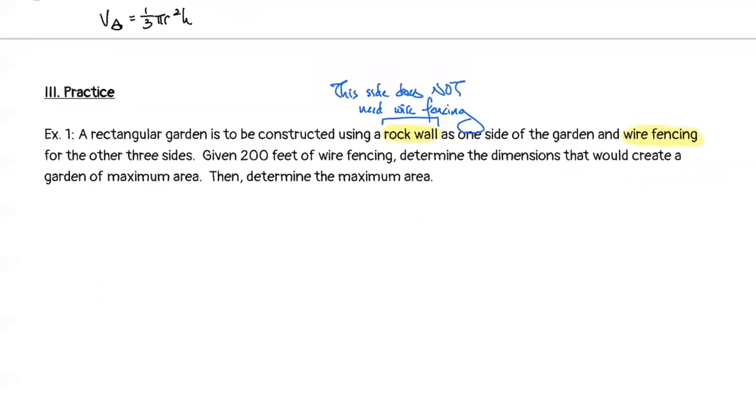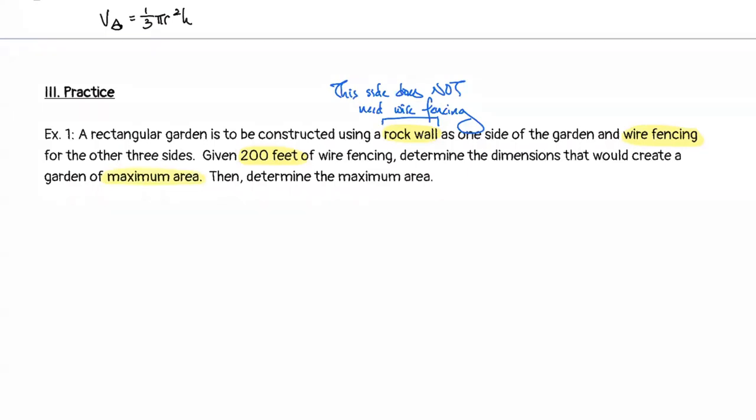So a rectangular garden is to be constructed using a rock wall as one side of a garden and wire fencing for the other three sides. So we only need wire fencing for three sides. We don't need it for the fourth side. Now, given that we have 200 feet of wire fencing, determine the dimensions that would create a garden of maximum area.